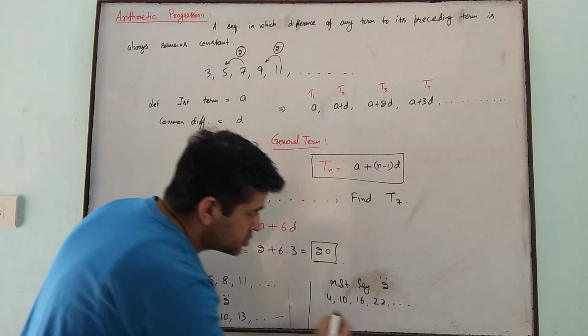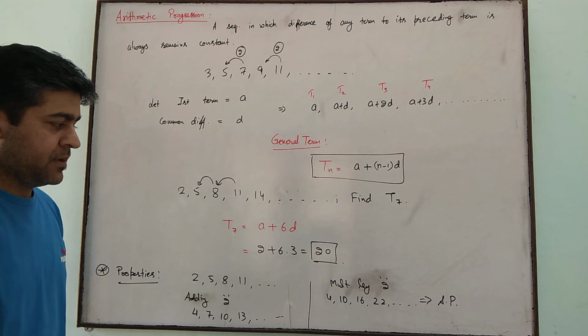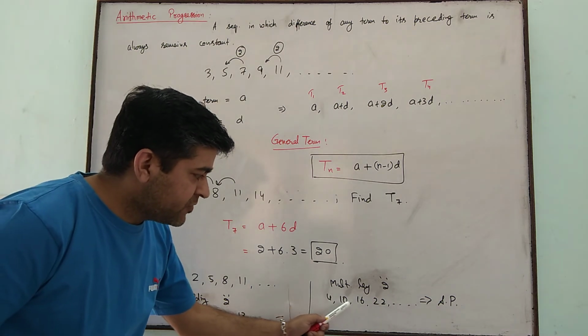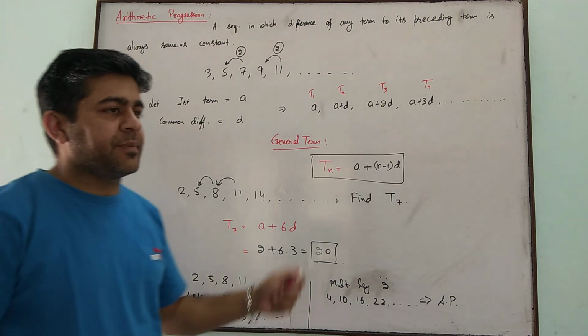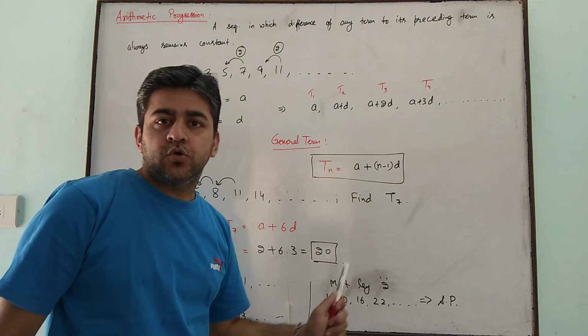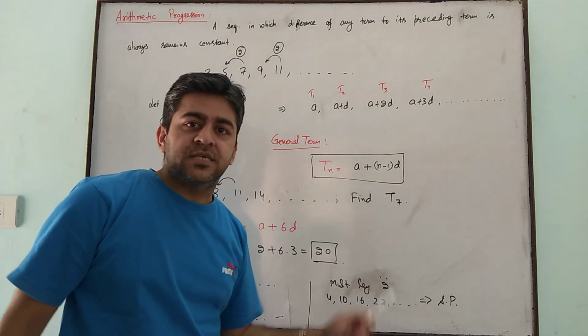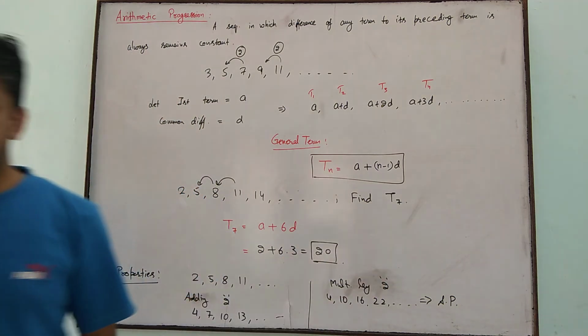So this is also an AP, with a common difference of 6. So the property is: if you add, multiply, subtract or divide any constant number to the whole sequence, the result will always be an AP. Just note it down.